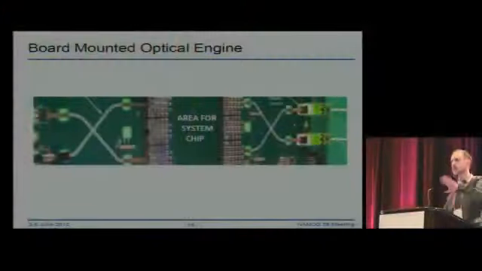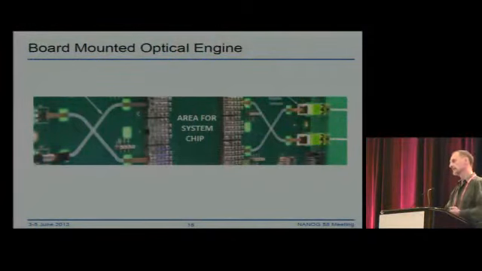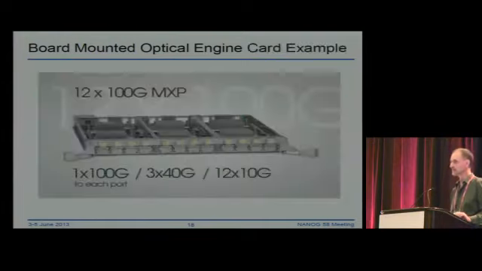And then fiber is taken out off of them, either on the board or as direct fiber. The big advantage of that is that you can mount these optics two-dimensionally on the line card, so potentially more of them, and then the electrical connection to the optics from the ASIC is very short. The disadvantage is that now you've tied up the whole card with one type of optics.